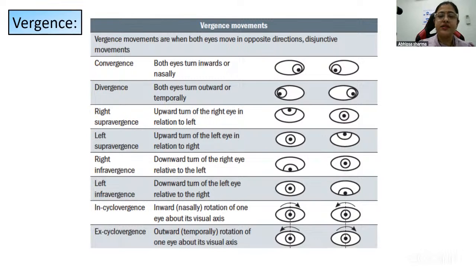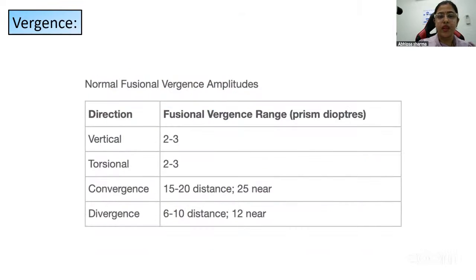In convergence, both of the eyes turn inwards or nasally, and in divergence, both eyes turn outwards or temporally. So these are the normal vergence amplitudes for any normal person, and the maximum vergence amplitude is for convergence, which is 15 to 20 for distance and 25 for near.